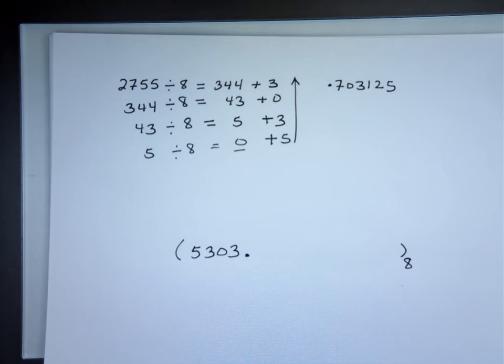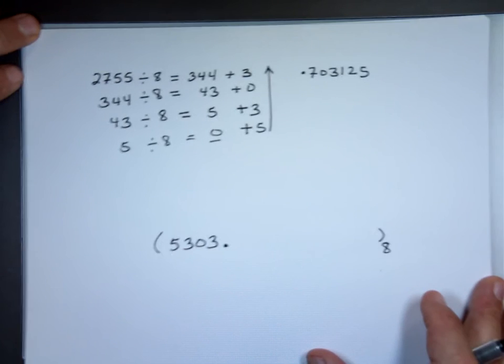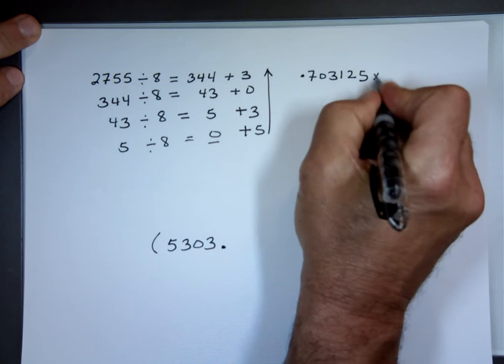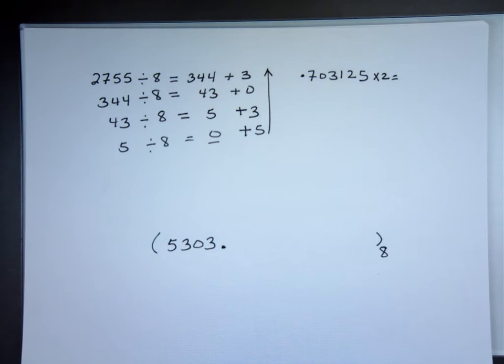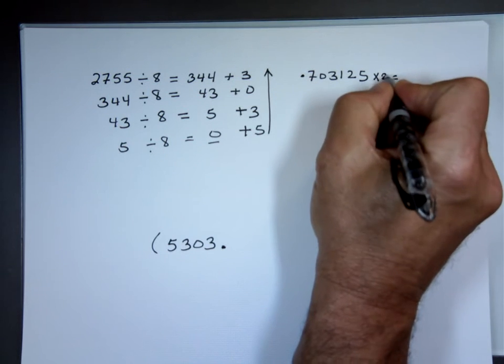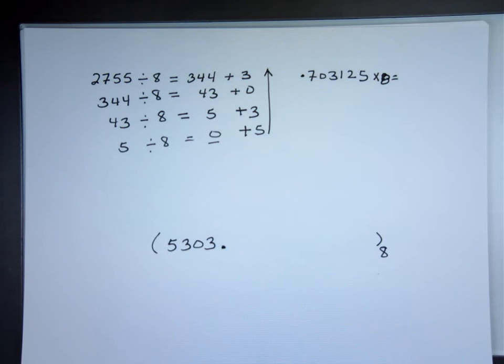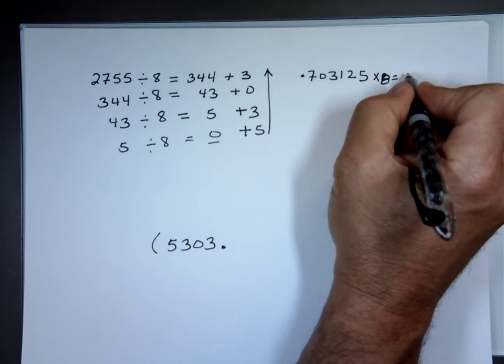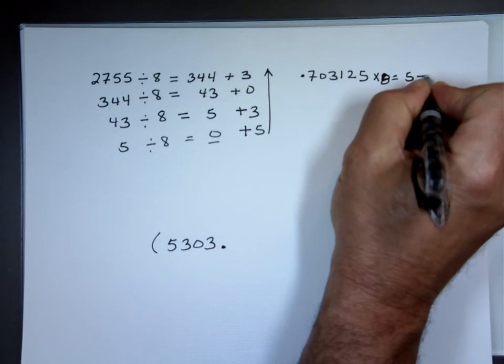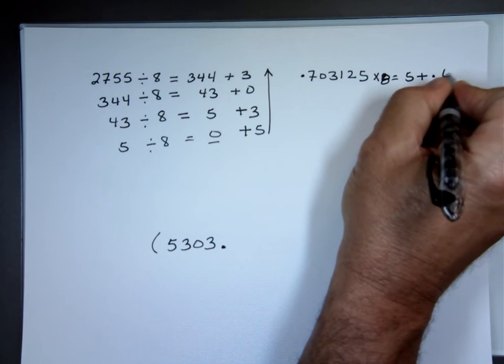Now let's look at the decimal portion. We multiply by 2. 0.703125 times 8, not 2, I'm sorry. We're doing base 8. Times 8. It's 5 plus 0.625.